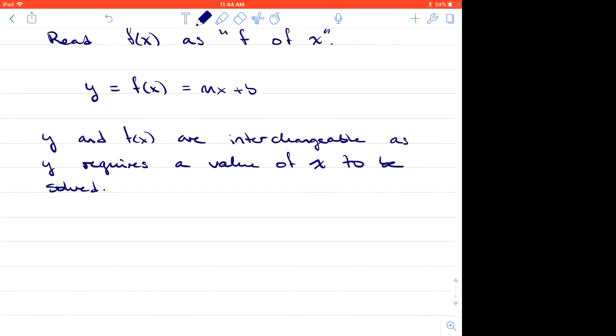For example, if I tell you that f of x is 2x plus 1, using function notation, I can ask you to find f of 2. That means solve the function when x is 2.